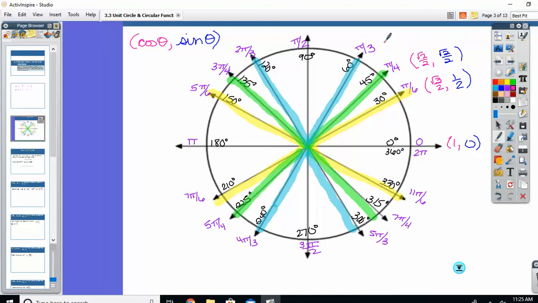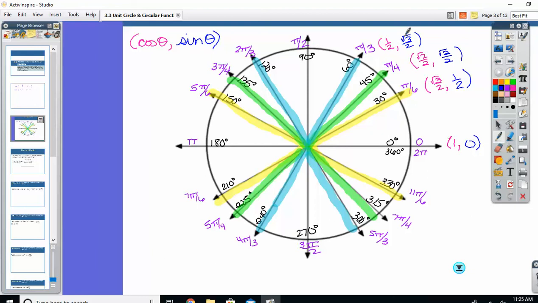Okay, pi over 3, which is 60. X is my cosine, which is 1/2. Y is my sine, which is radical 3 over 2.